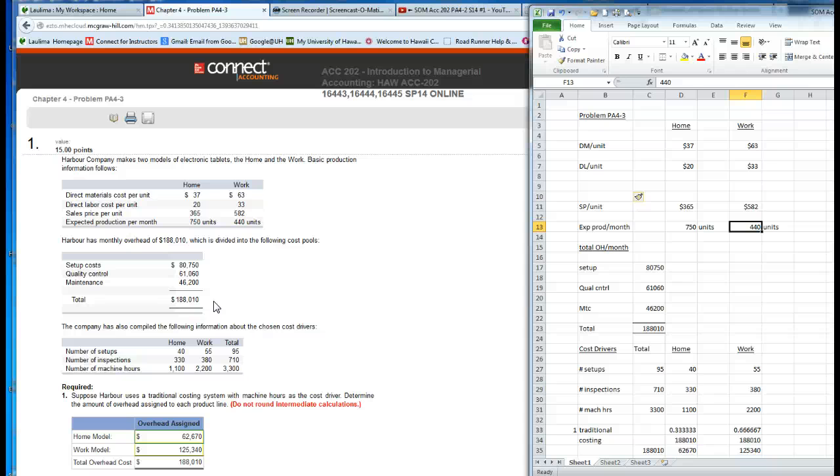That's always true. But from a general business perspective, it's important for us to know what our cost is so that we can accurately and fairly set our price.